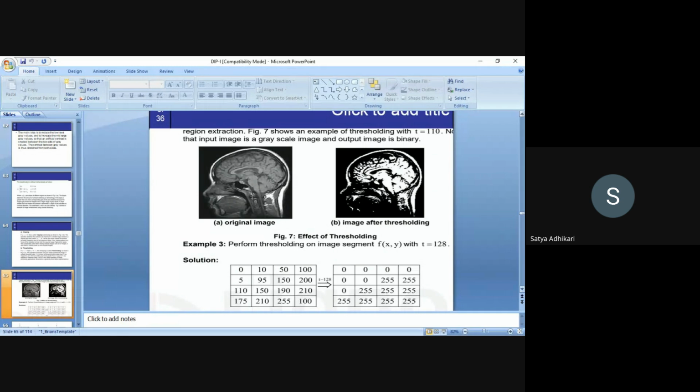So any value greater than 128 is mapped to the maximum, and any value less than 128 is mapped to the minimum value 0. That means you will get either black or white color in the image. You see the example in B, the resultant image.